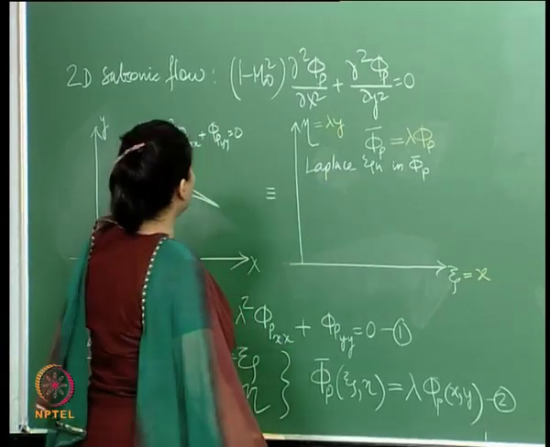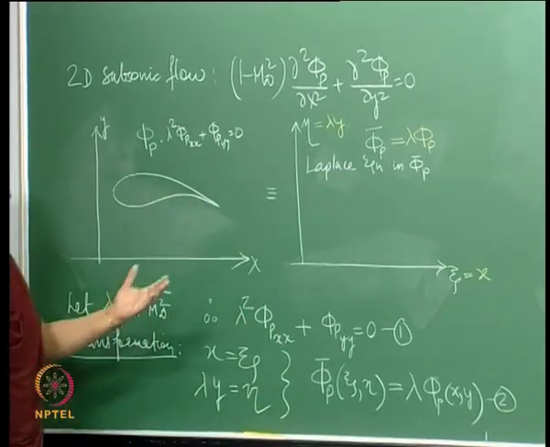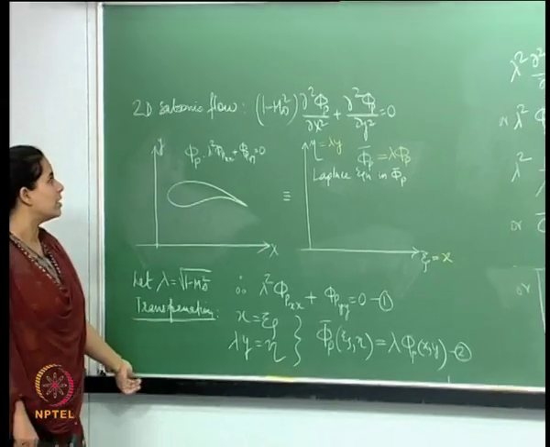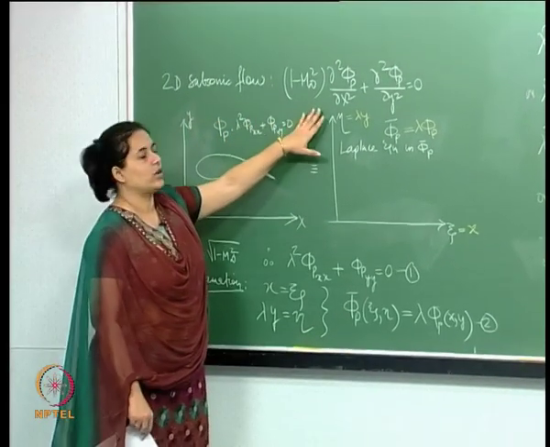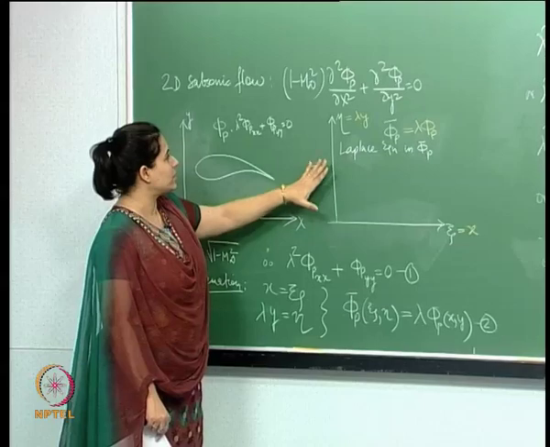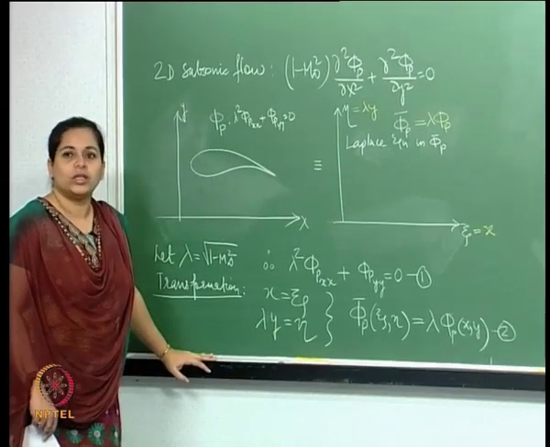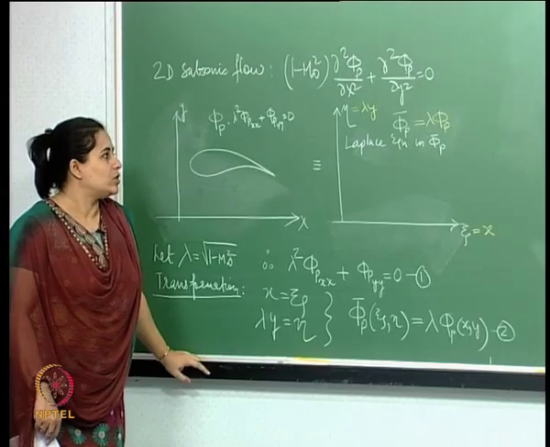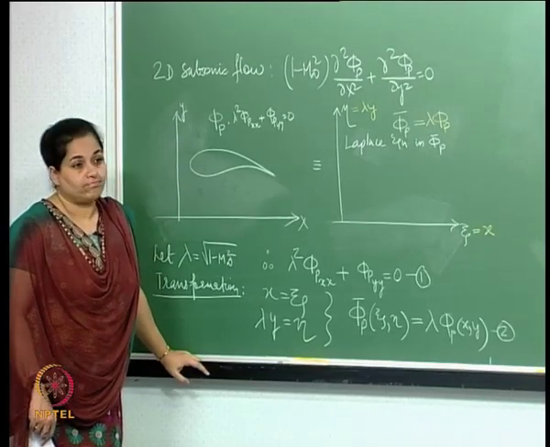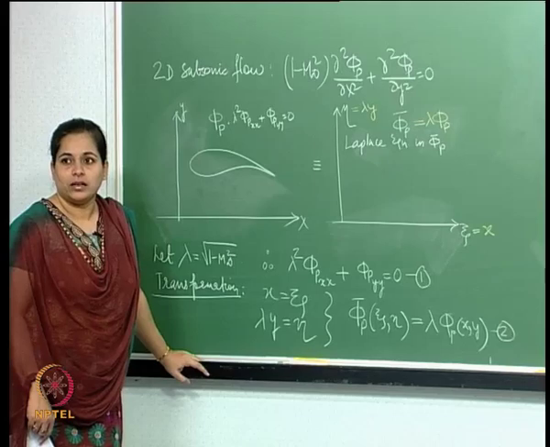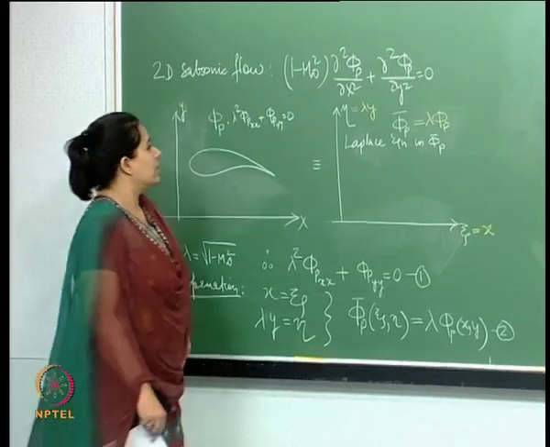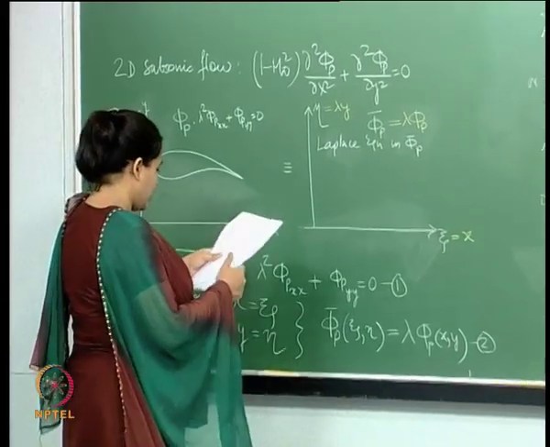So if I transform my space in the way that I have done here, my 2D subsonic flow governing equation actually gets transformed numerically to the Laplace equation, which is the 2D governing equation for incompressible flow. My life gets easier, right? Could not have it better.